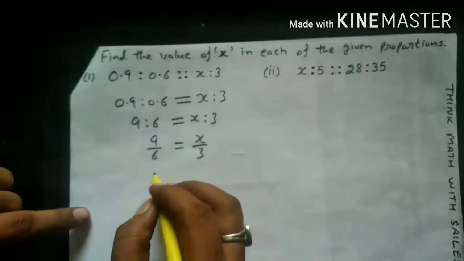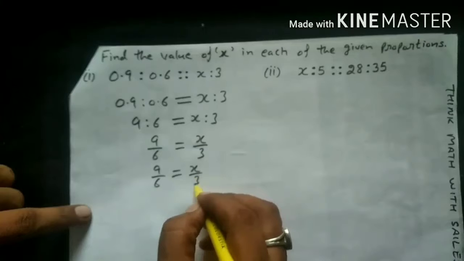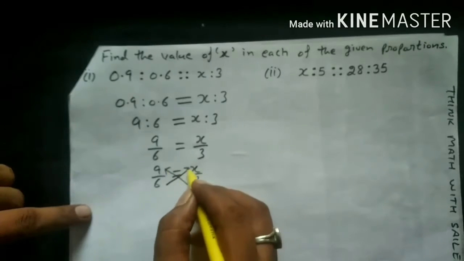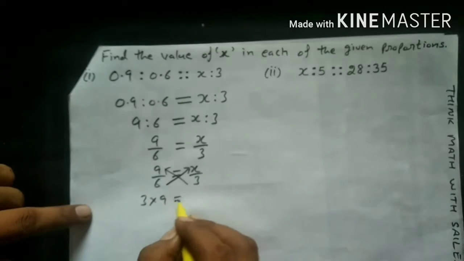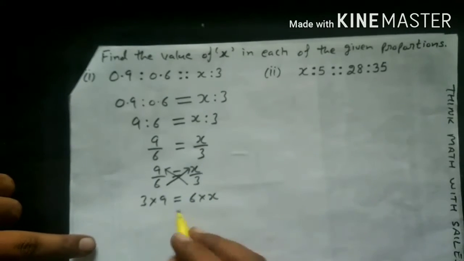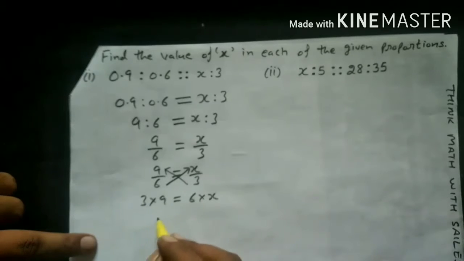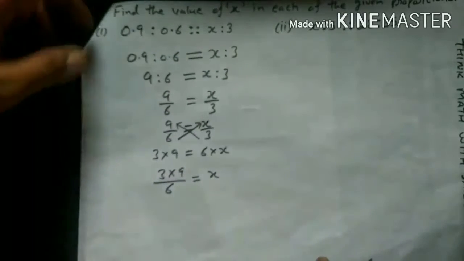Now, what we will do? We shall multiply them in the cross way. 3 multiply 9 is equal to 6 multiply x. This 6 will be written in the denominator by transposing, having the value x.